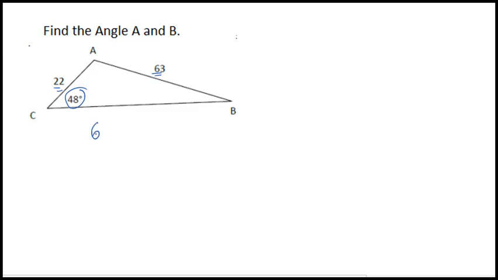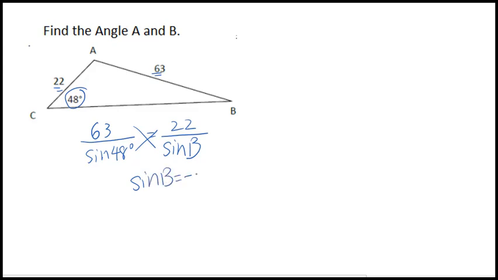So we have 63 over sin 48 degrees equals 22 over sin B. Then cross multiply. The same line with the variable goes to the denominator. So we have sin B equals 22 times sin 48 degrees, denominator is 63.